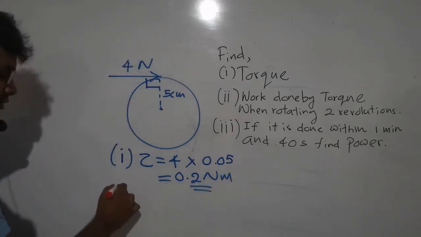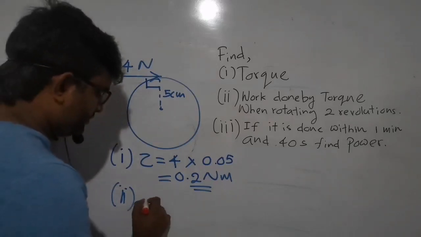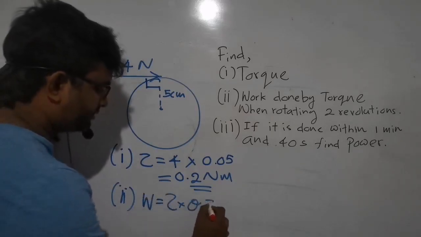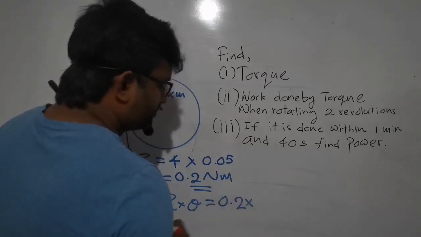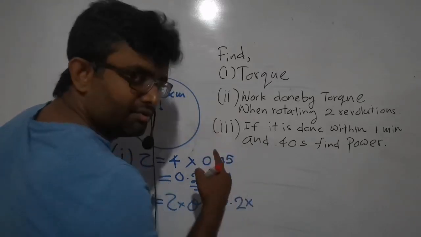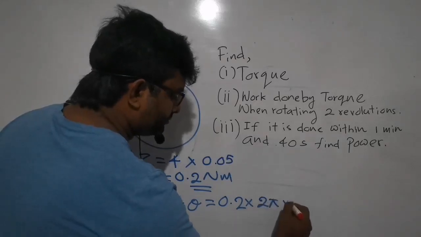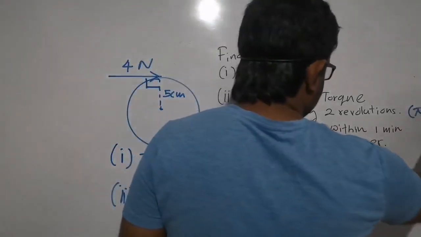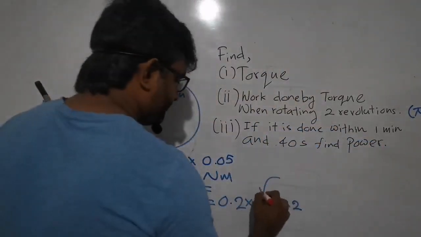Then part 2, work done by the torque when rotating 2 revolutions, right? So W is equal to tau into theta. So we can write tau 0.2. Theta here is 2 revolutions, that is 2 pi into 2. Here take pi equals 3, then we can write 3 there.